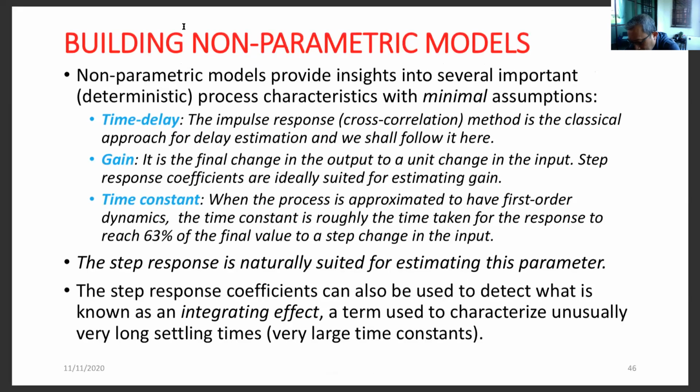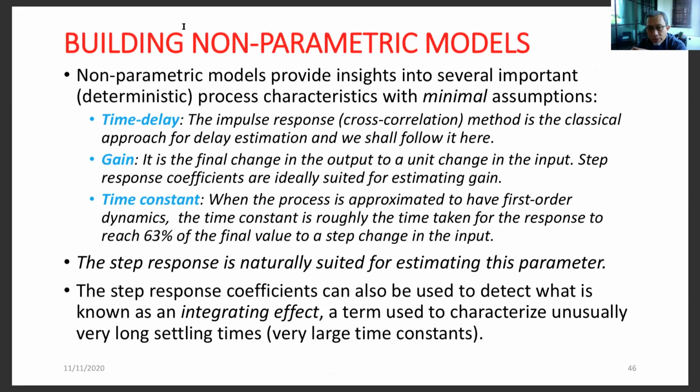So usually before we start using a parametric model, it is highly suggested by experts that we try non-parametric models, so that we can gain insights into several important deterministic process characteristics with minimal assumptions. For example, time delay, static gain, and time constant.